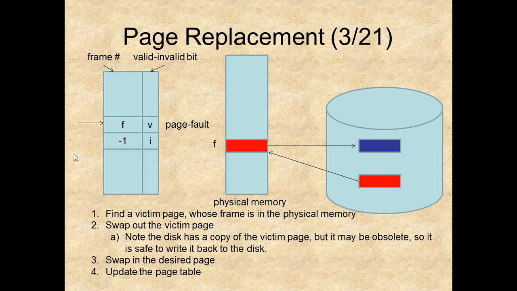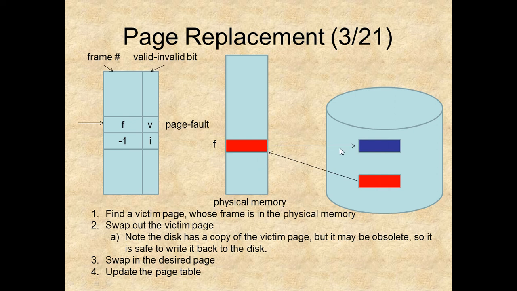That's the entire process of finding victims, saving the changes to the disk, and then loading the missing page from the disk. If you look at the interaction between the operating system and the disk, there are two actions.